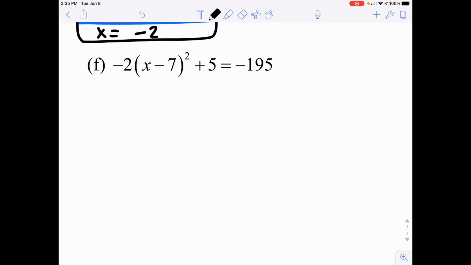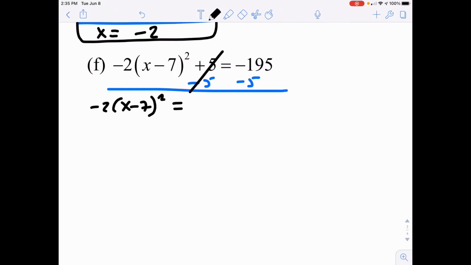Now, with f, there's a series of steps we want to do. The first thing we're going to want to do is get rid of the 5. So let's subtract that from both sides. And we get -2 times the quantity x minus 7 squared equals, when we add that together, -200.